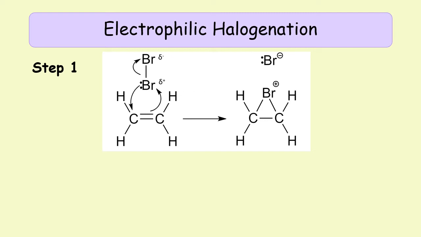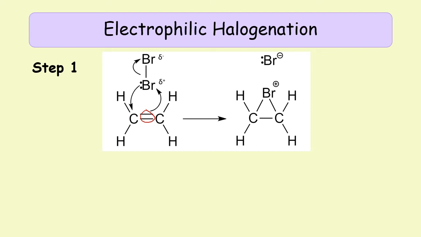Now, the hardest part about electrophilic halogenation is probably the first step. If we look at our bromine molecule, when it comes into contact with our double bond, which has lots of electrons in it, the bromine is actually going to have a partial negative charge.